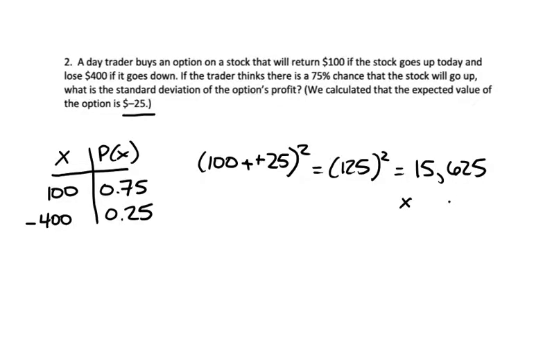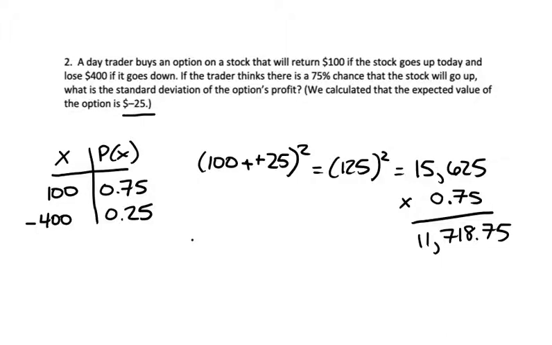Multiply it by the probability of 0.75. And that equals 11,718.75.